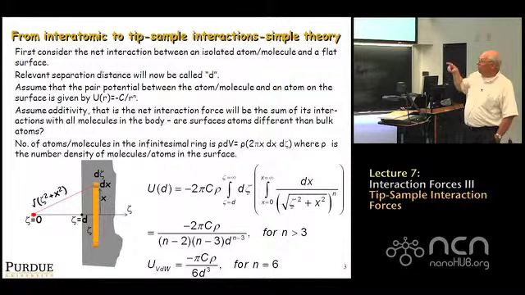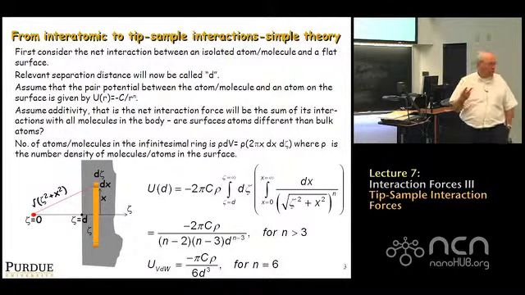So as we let x vary from 0 to infinity, we take into account all the atoms in the substrate at a fixed distance zeta from the atom or molecule. And then to take into account the fact that the substrate could have a depth to it, we have to integrate from zeta equals d to zeta equals infinity. So there are two integrals involved.